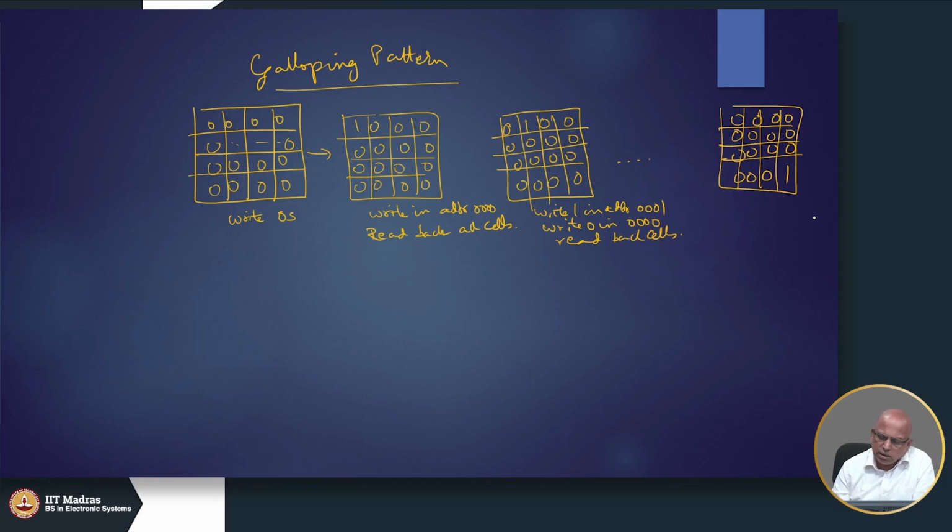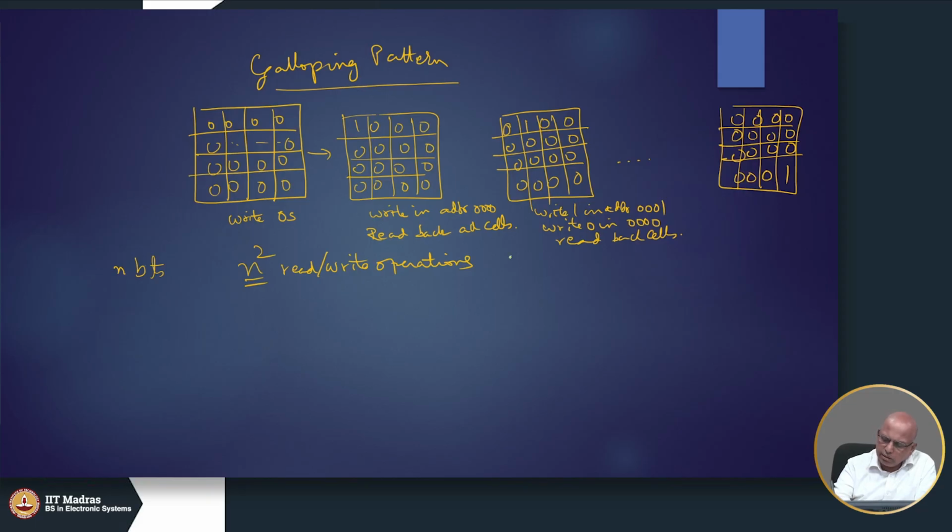So you can imagine this will take a lot of time. If there are n bits or n cells, then we are writing a 1 in each of those cells and then reading back everything. So it will take at least n square read write operations. This n square can be very big because the number of bits in modern SRAMs is very large.